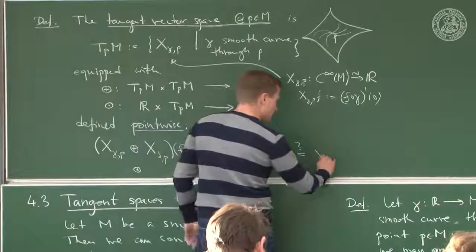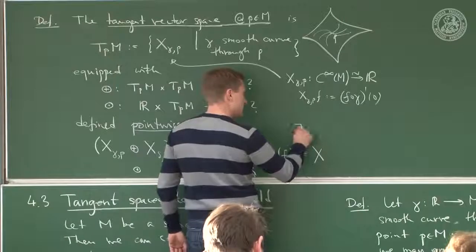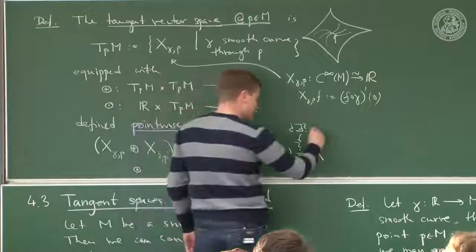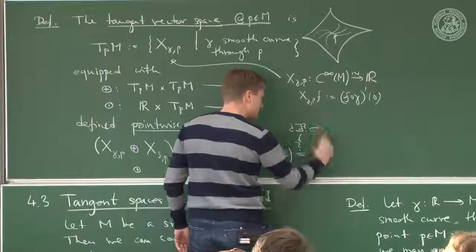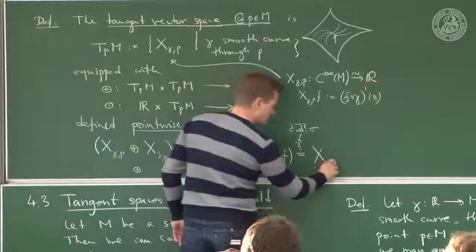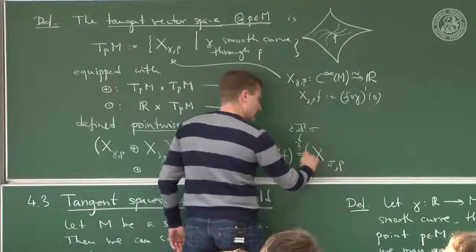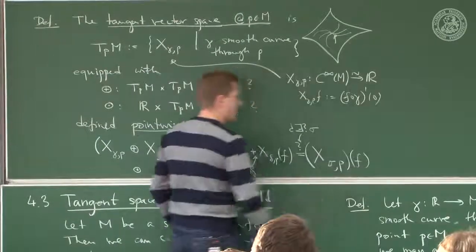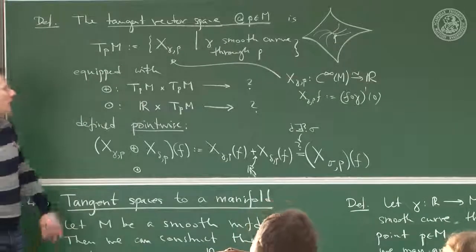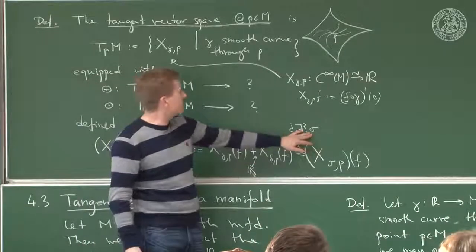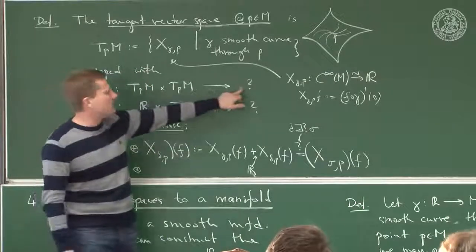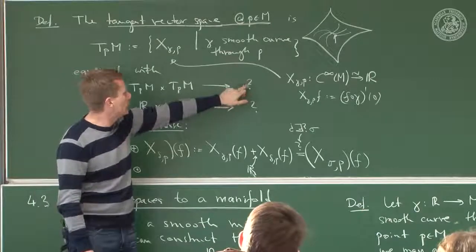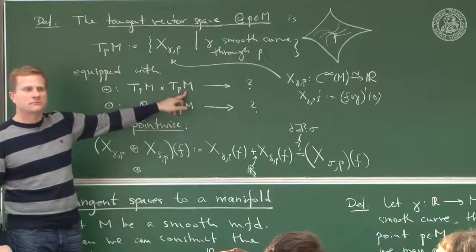So the question is, does there exist a curve sigma such that the sum can actually be written as the tangent vector to a curve sigma evaluated on an arbitrary smooth function f. Only if such a sigma exists can we be confident that the addition as defined closes in this set. Problem is clear.